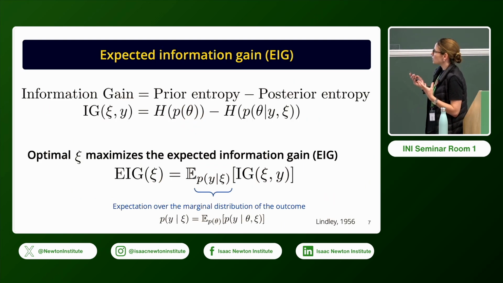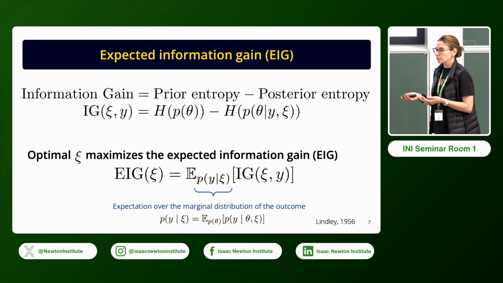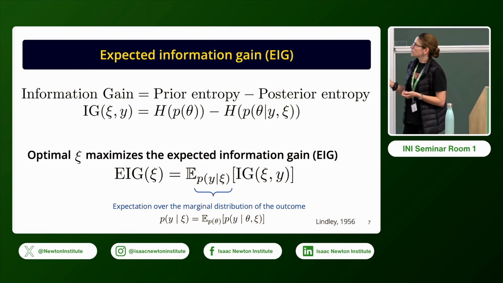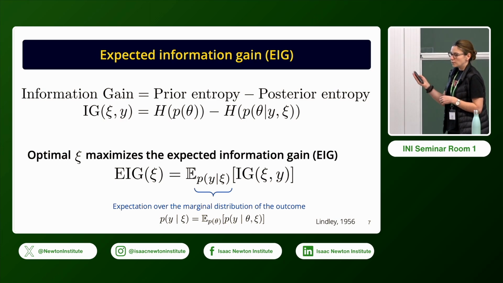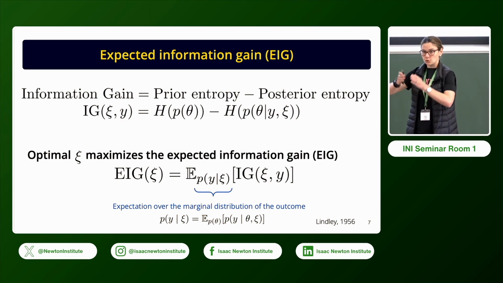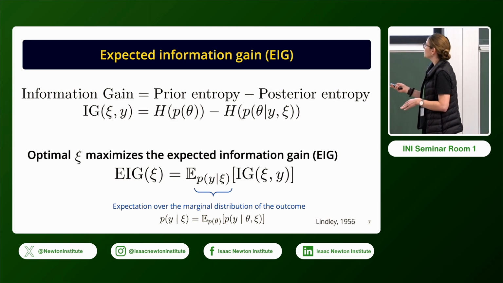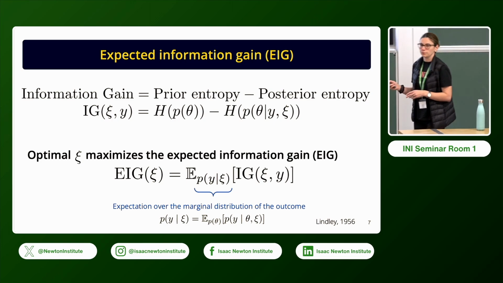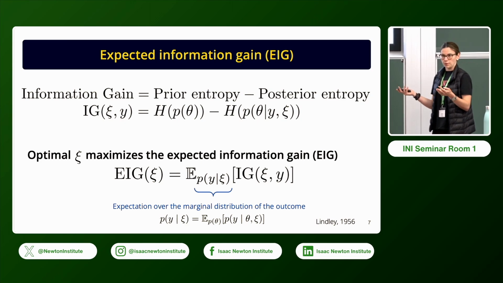Now, to actually quantify what constitutes a maximally informative experiment, we looked at this information gain quantity, right? So this is just the difference between the entropy of our prior and the entropy of our posterior. And to get to a metric that allows us to rank experiments before actually conducting the experiment, we simply took the expectation with respect to the Bayesian marginal distribution of all possible outcomes, right?